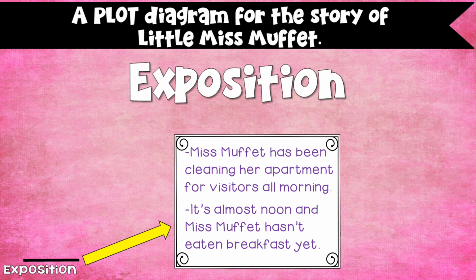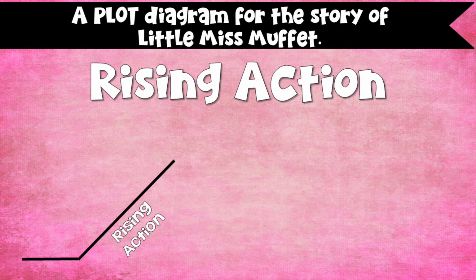All right, so we know in the beginning that Miss Muffet has been cleaning her apartment, and she hasn't eaten breakfast. And then we're introduced to some rising actions. What do you think that might be?